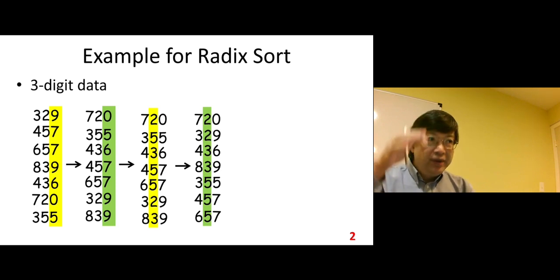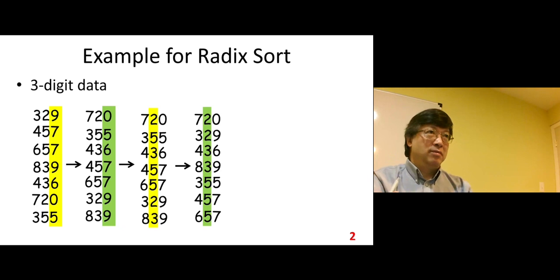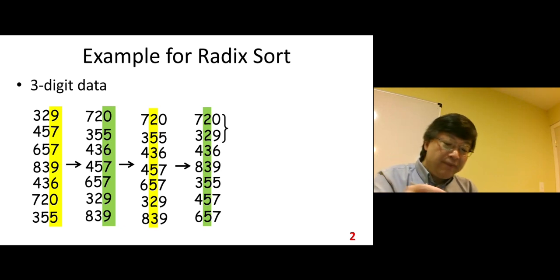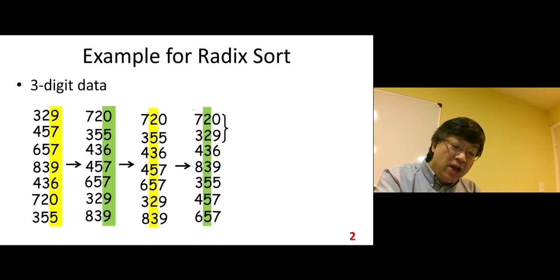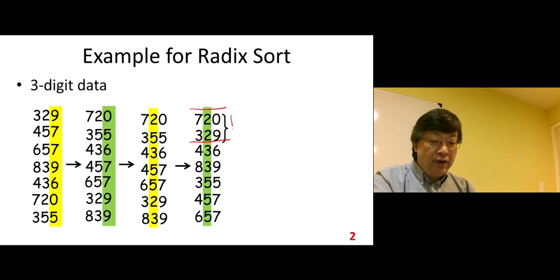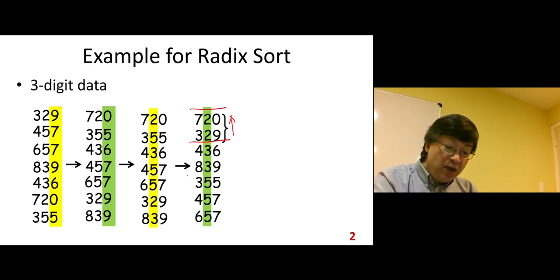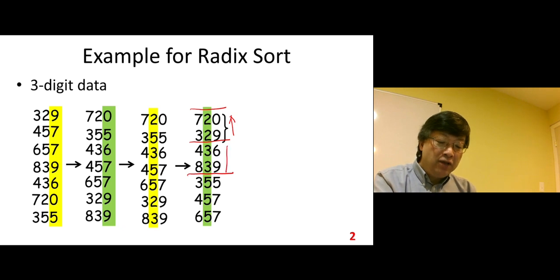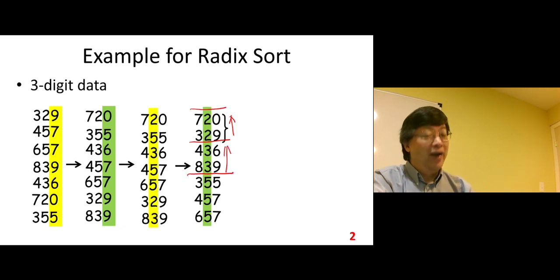Then let's examine what we have here. If you look at the same middle digit 2, it is sorted, right? 0, 9 in ascending order. With the same digit 3, 9, 6 sorted, right?